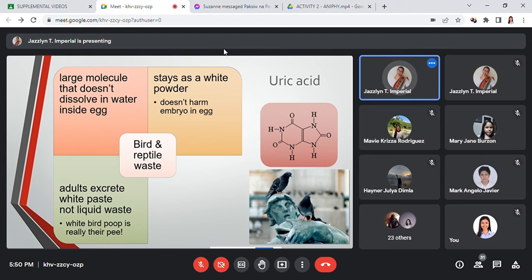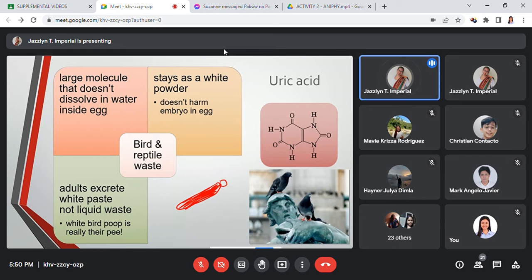Okay? So the white, even class, di ba lizard is a reptile? Nakakita na ba kayo ng ipot ng lizard? Dami sa bahay nyo, sa ceiling. Yung parang raisin, di ba ganun siya? Tapos may puti dito. Itim, akala mo raisin, so kinain mo.